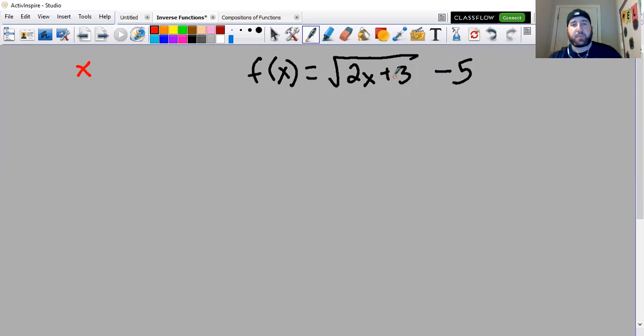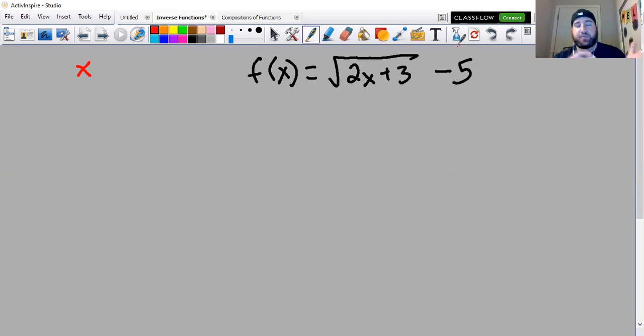But then I've got the square root. Again, square root actually falls into exponents, because if y'all remember back to 9th grade, an exponent of 1/2 is the same as a square root. So a root is the same thing as an exponent in terms of order of operations.